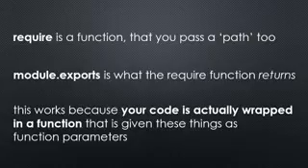So whenever you're writing code in Node, you have require, you have module, dirname, filename always available to you, because what you write isn't the only thing that's given to V8. What you write is actually the body of a function. Make sense? So that's how module.exports and require actually work.